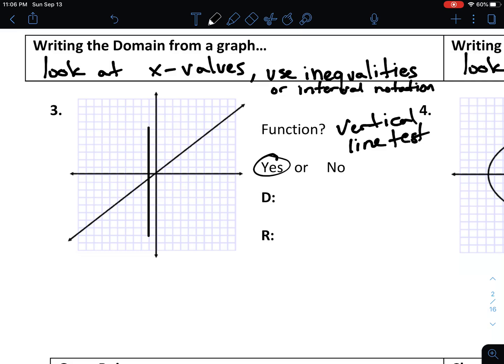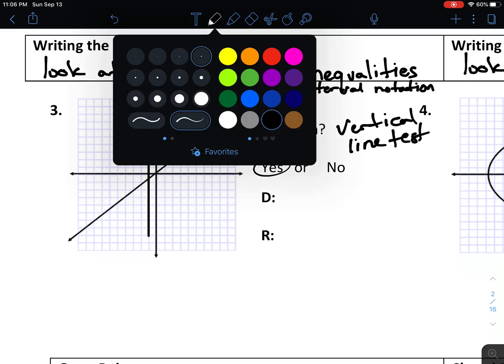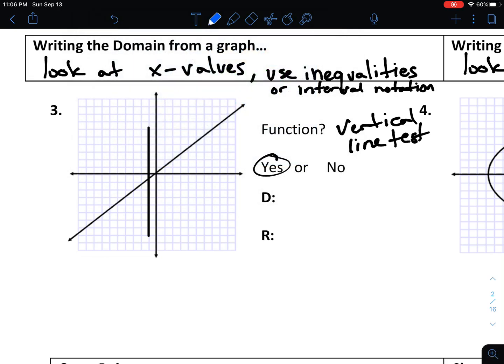Now, for the domain, we're thinking about x values. And so if you think about what x values this graph goes between, it actually goes to the left forever. That's really towards negative infinity over here to the far left of our x values. It also goes to the right forever, and to the right would be positive infinity.